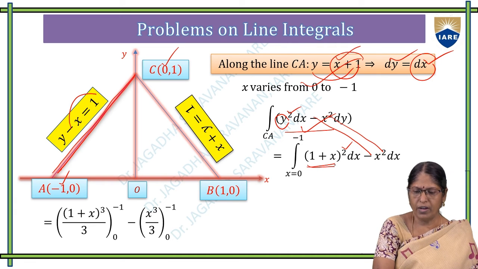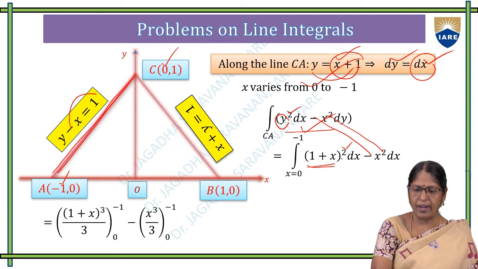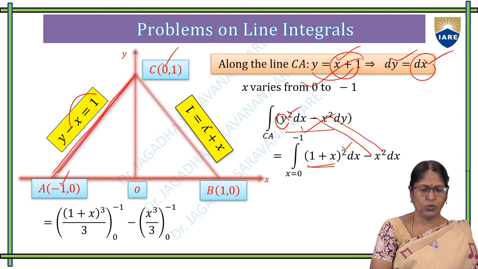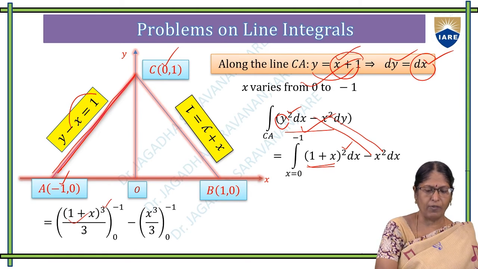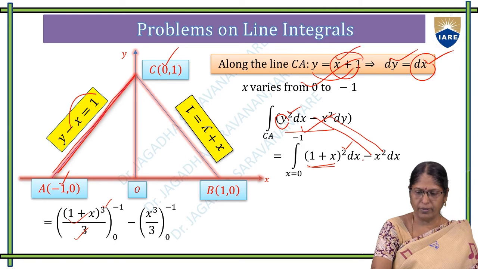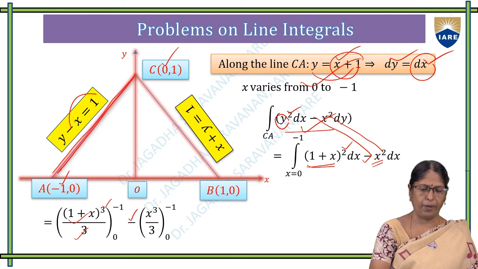So now here (1 plus x) the whole square, it's nothing but the integration, simple integral formula, n is 2. So 2 plus 1 by 2 plus 1. So (1 plus x) power 3 by 3, from 0 to minus 1, minus, x square integral is x cube by 3, from 0 to minus 1.